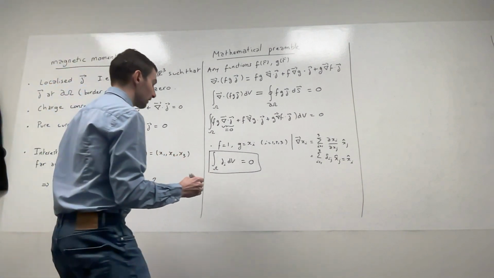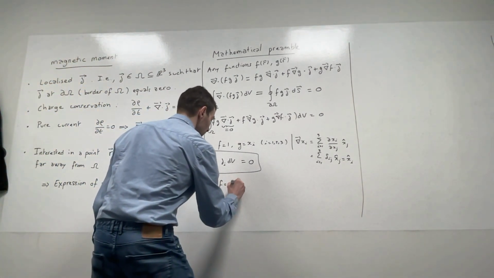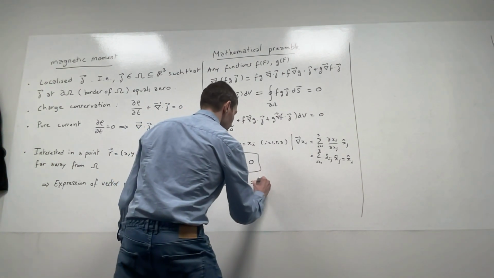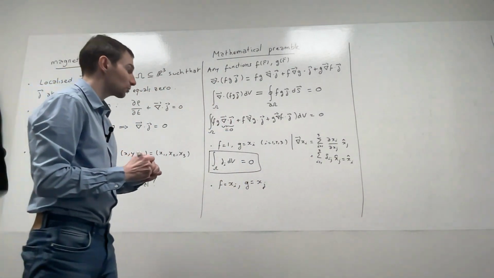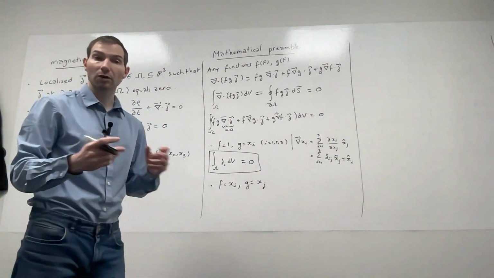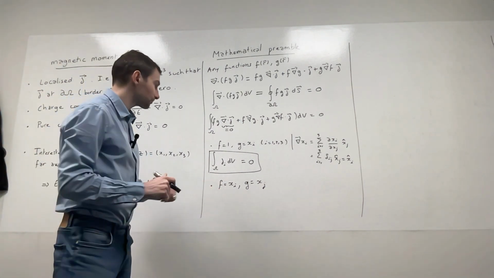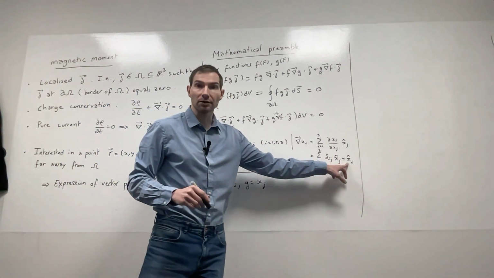And then the second thing I'm going to do is look at f equal to xi and g equal to xj. So in principle they are different components of the r vector. Again, this is going to be true as well.